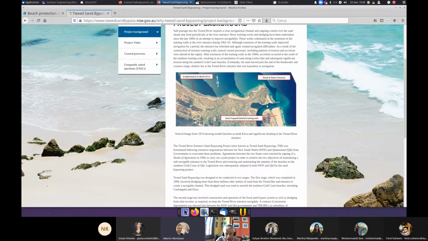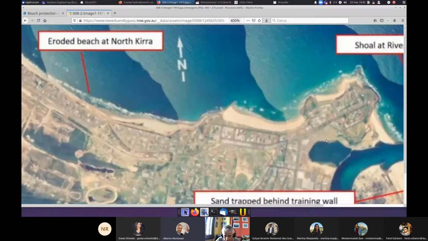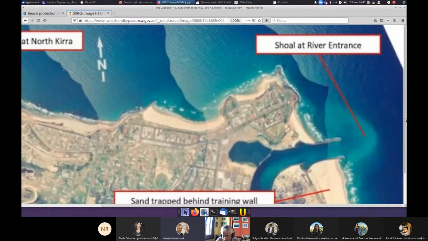Then what they did, let me increase the zoom.